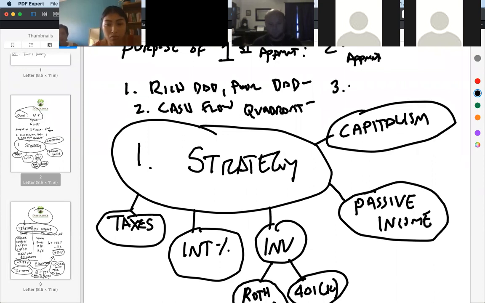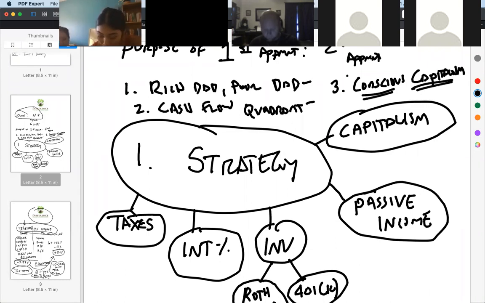And number 3, a great book called Conscious Capitalism. It's a phenomenal book. We all want to be more conscious, which means more aware of the inner workings of money.